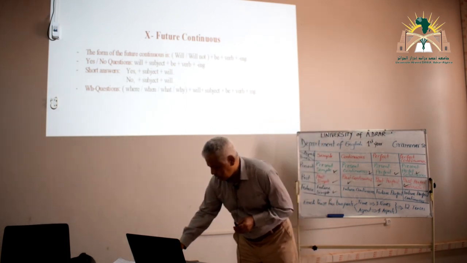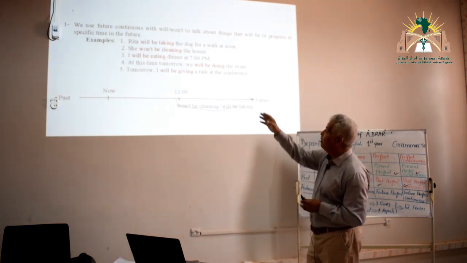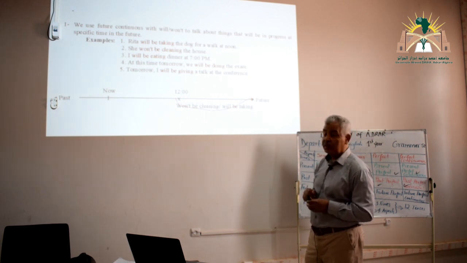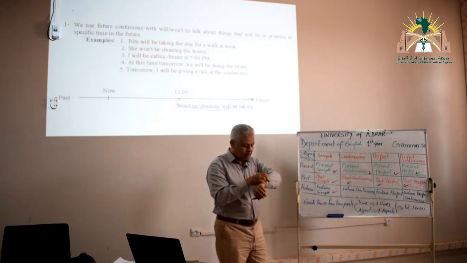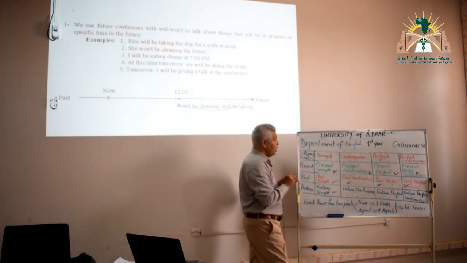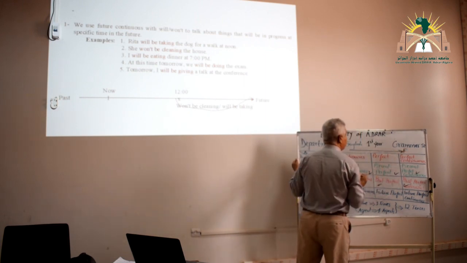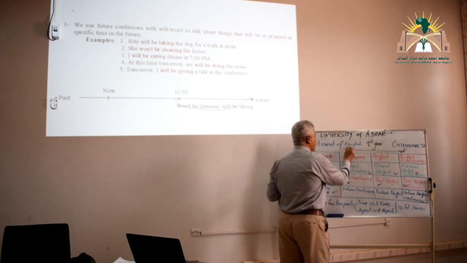We see examples about this. Look at the example, the first one. Rita will be taking the dog for a walk at noon. At noon, now it is 10 o'clock, right? This is our timeline, future, now, past.